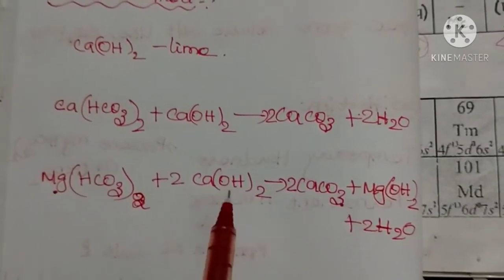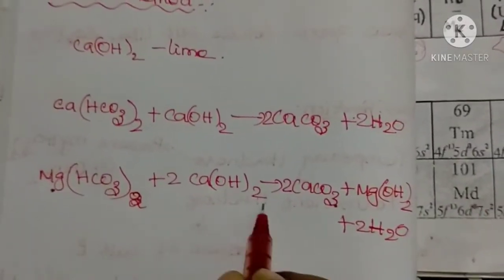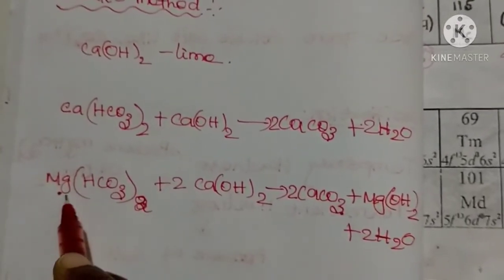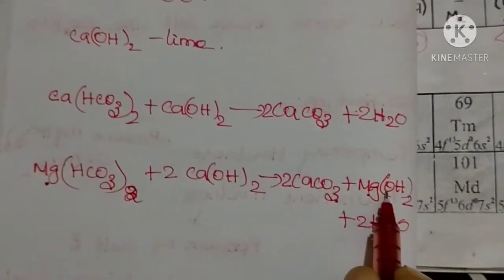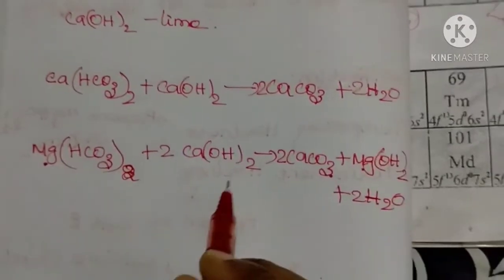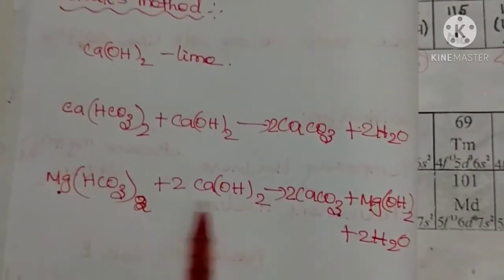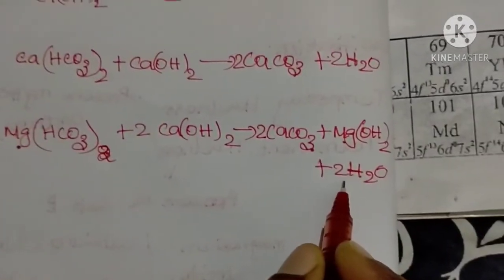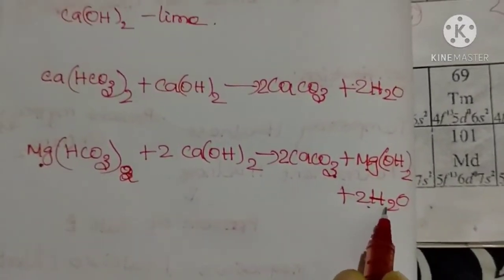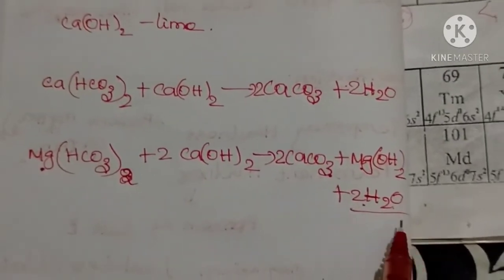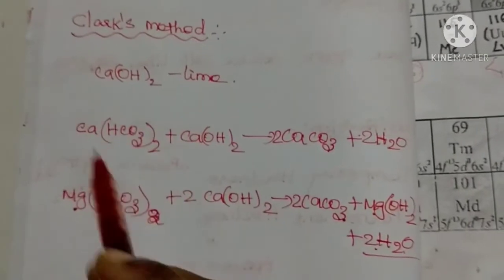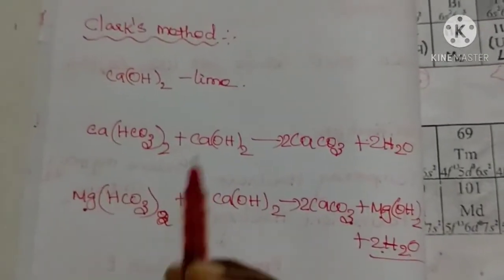And this magnesium is combined with OH twice. Okay. So this OH twice, totally 4 are present. So 2 are combined with the magnesium. It forms Mg(OH)2. The remaining OH and the 2 hydrogen combine together and form 2 H2O as the byproduct.